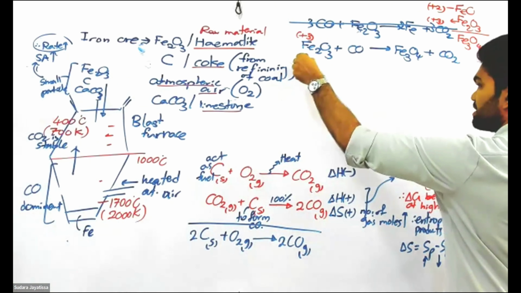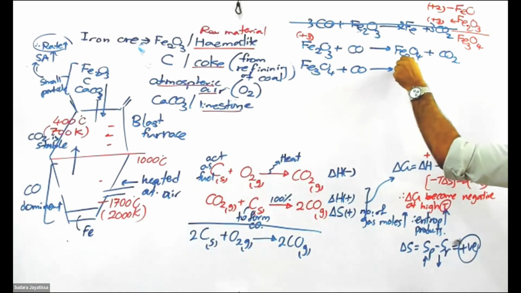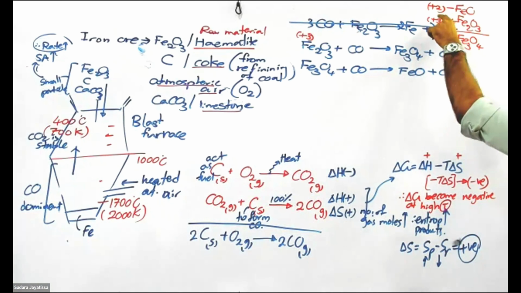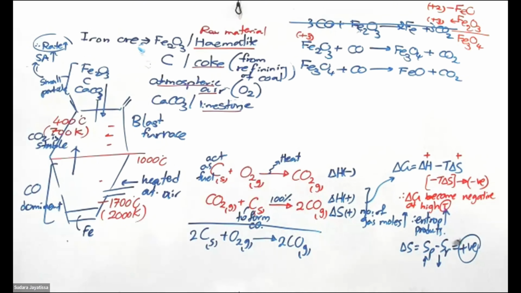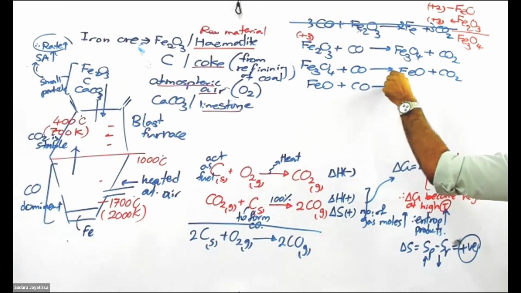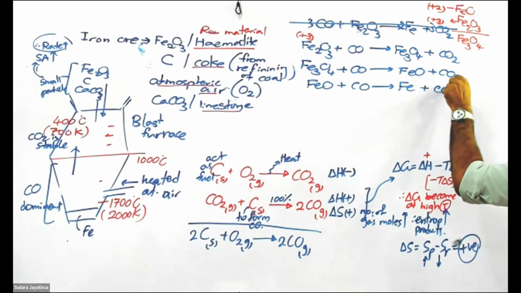Then that Fe3O4 reacts with carbon monoxide again to form FeO. Now the remaining part was also reduced to +2. You have to show that as steps. And then finally, this FeO can react with carbon monoxide further and become Fe.